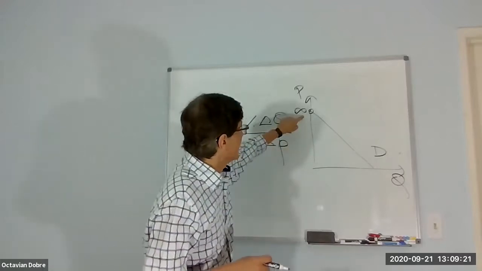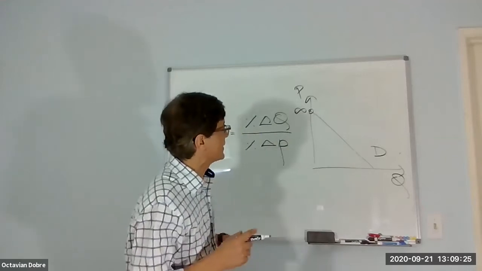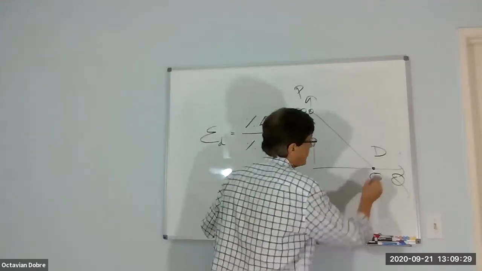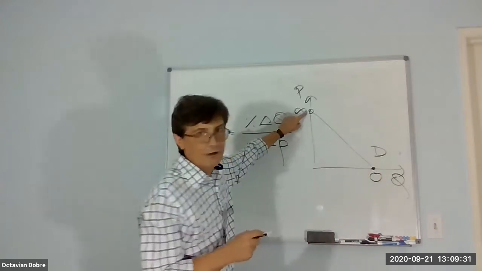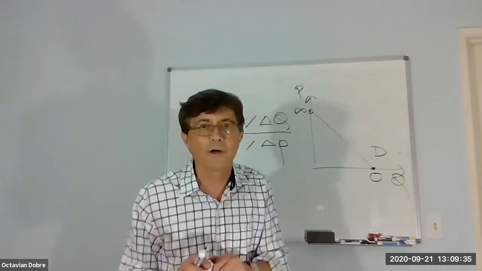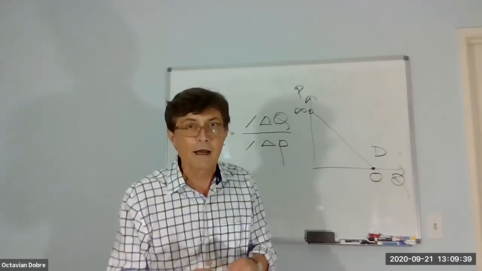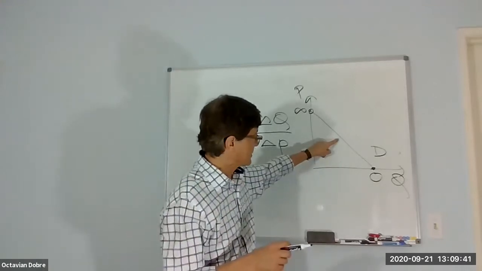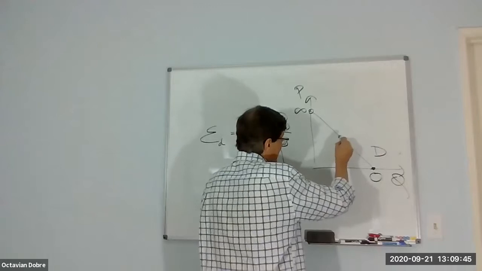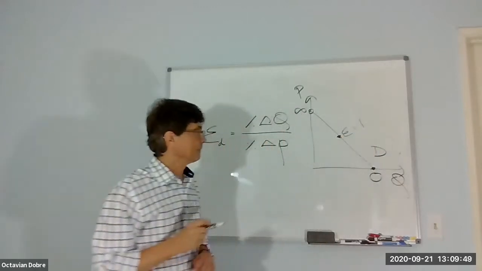Okay, so every point on this demand curve is going to have a different elasticity, and they're going to vary from 0 at this point to infinity at that point. And we don't have to worry about this right now, not for this class. And smack in the middle on this demand curve, let's say here, the elasticity is equal to 1.